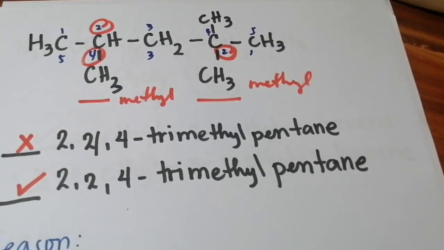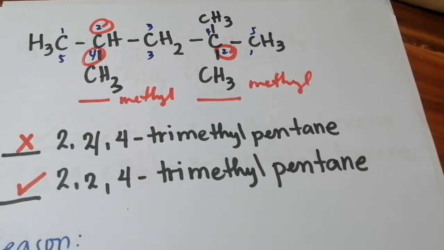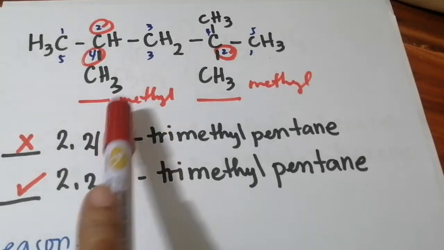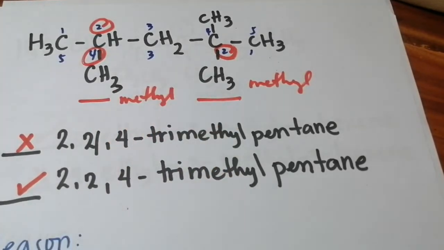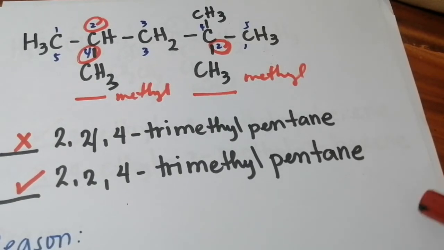Don't forget, if the substituents are the same and located on the same side when you count from both sides, your basis will be the one with the most number of substituents. But if the substituents are not the same, just like what we had a while ago, and when we count both sides they have the same positioning, our basis will be the substituent that comes first in the alphabet. Meaning, we have to base it on alphabetical order. Okay? Next.